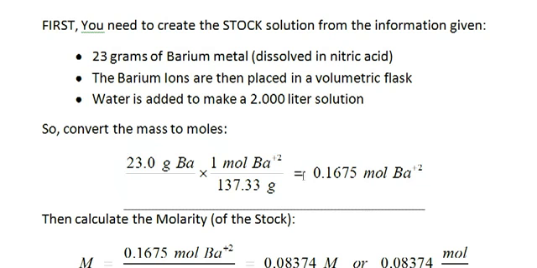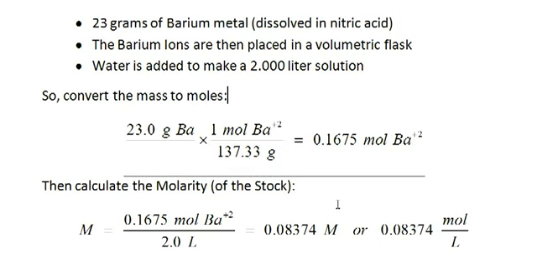Even though 2 electrons have been removed and put into solution somewhere, we don't know where it's at, we don't care, the molar mass still remains the same, so we don't need to worry about what the molar mass is now going to be. So the number of moles of the barium plus 2 ions is 0.1675 moles.